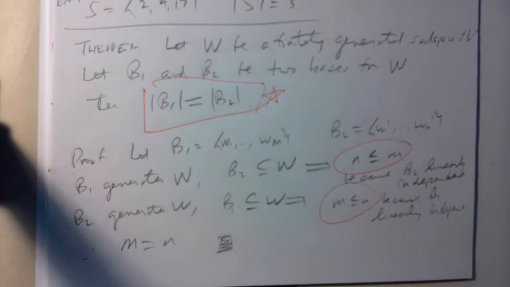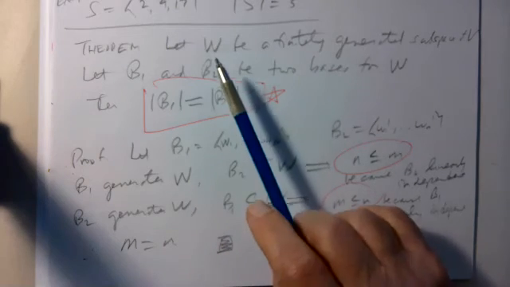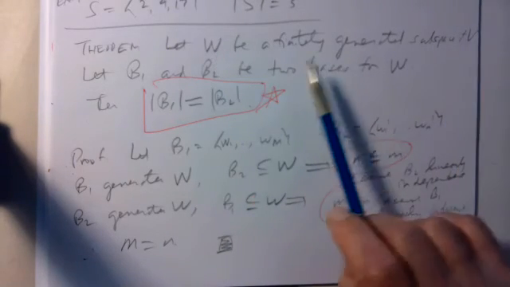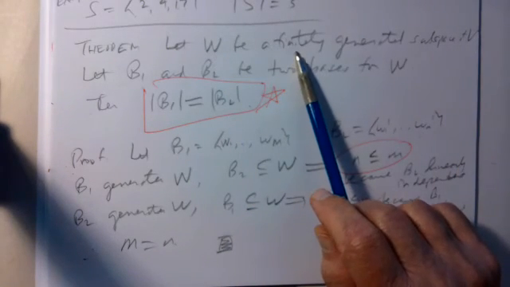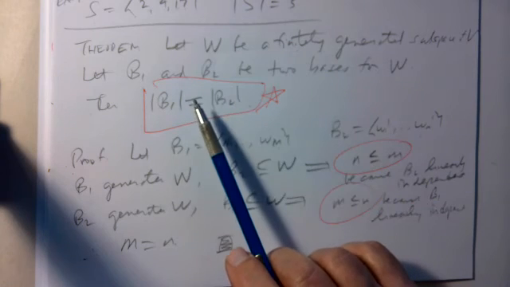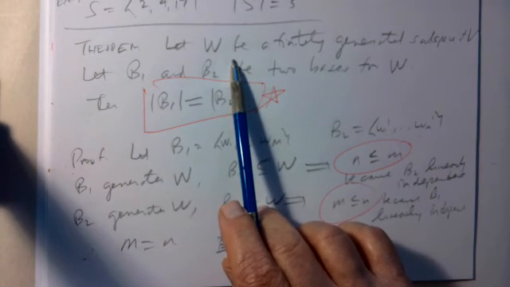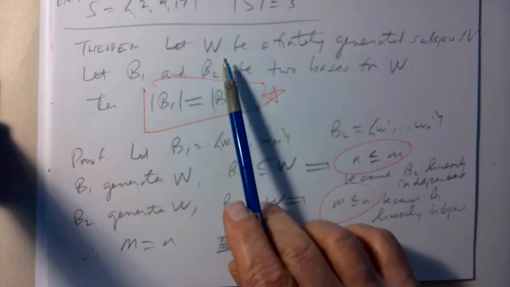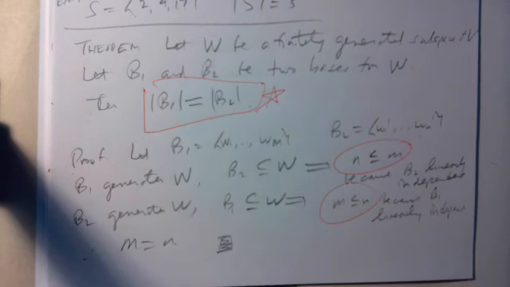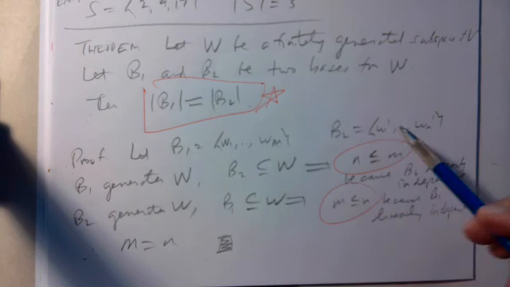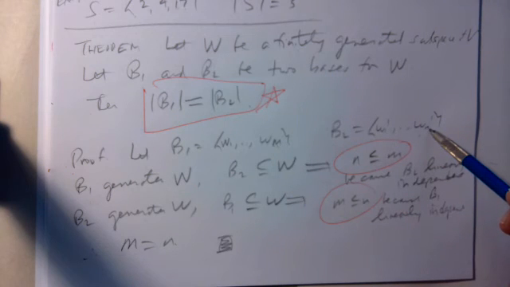Oh, okay. Right? So here I say we have a subspace W of a vector space, and we're given 2 different bases for W. So the subspace has 2 different bases, and one of them has M elements and the other has N elements.